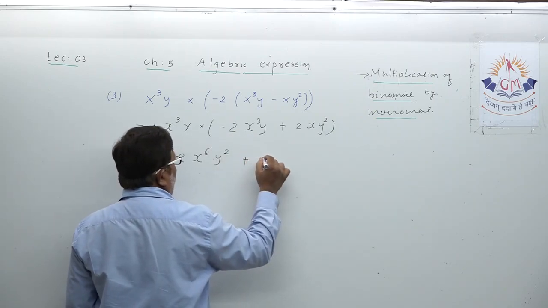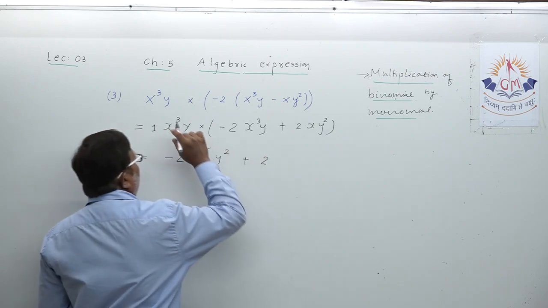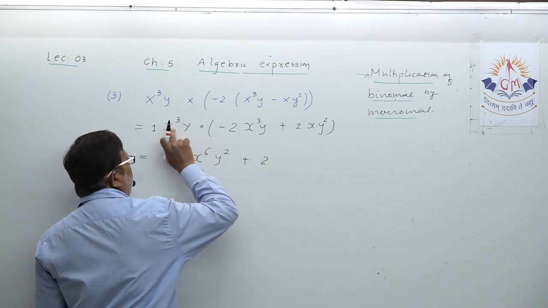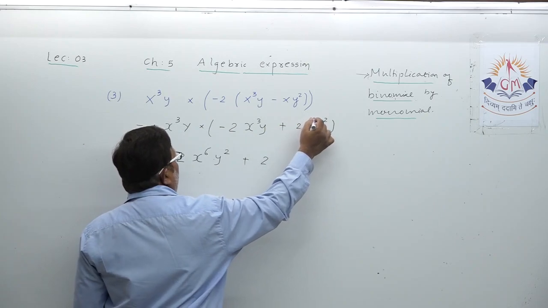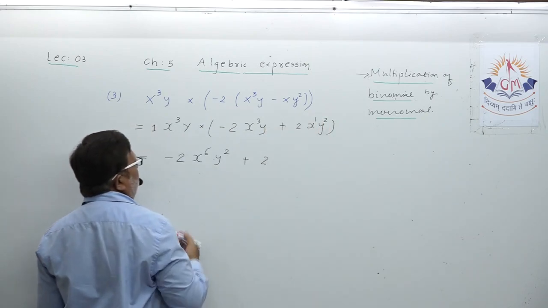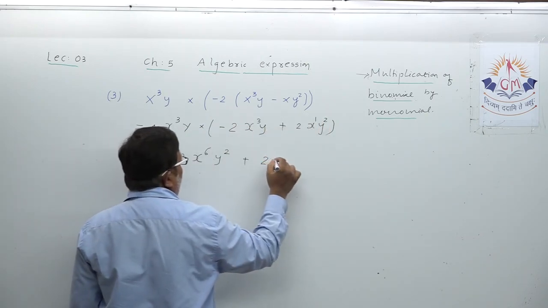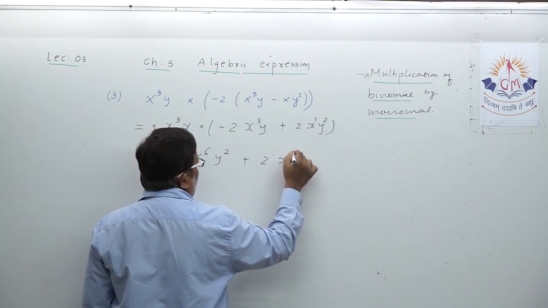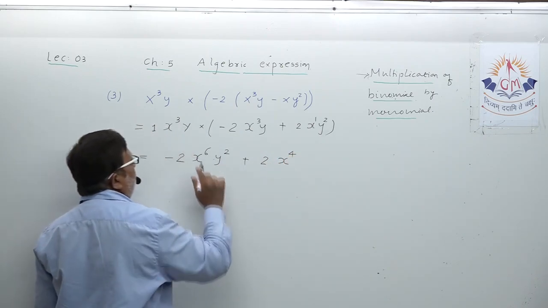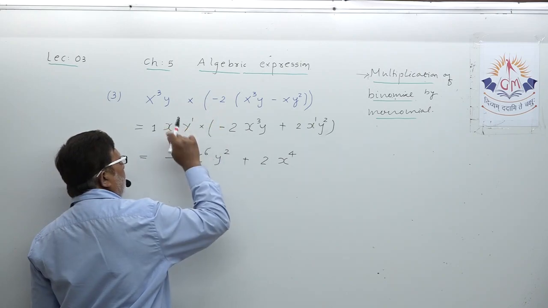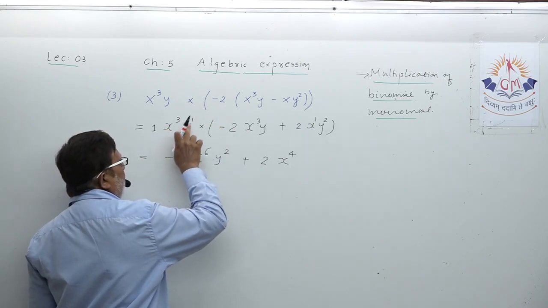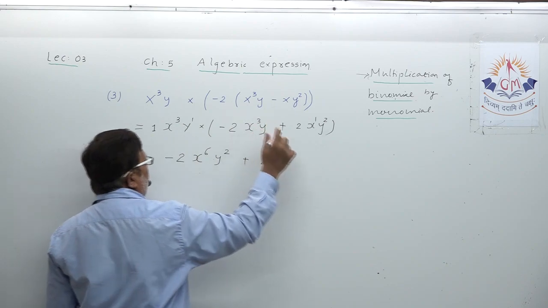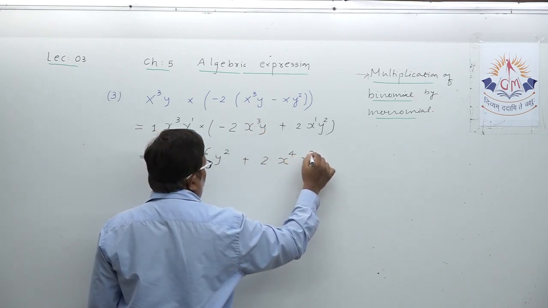1 into 2, that is 2. Here dear student, x cube. Here no power means 1. 3 plus 1, it will be x raised to 4. y raised to 1, because no power is mentioned. 1 plus 2, y raised to 3.